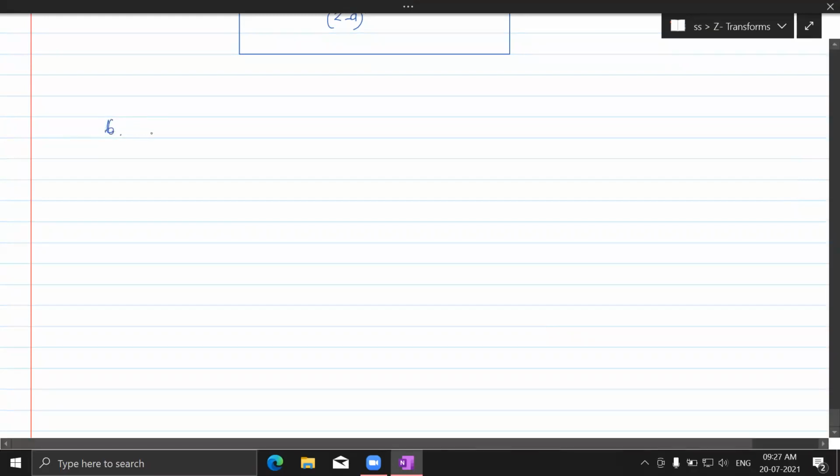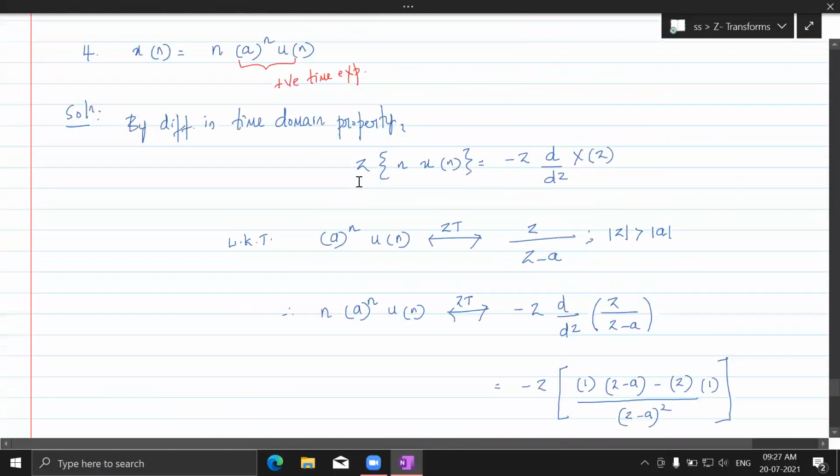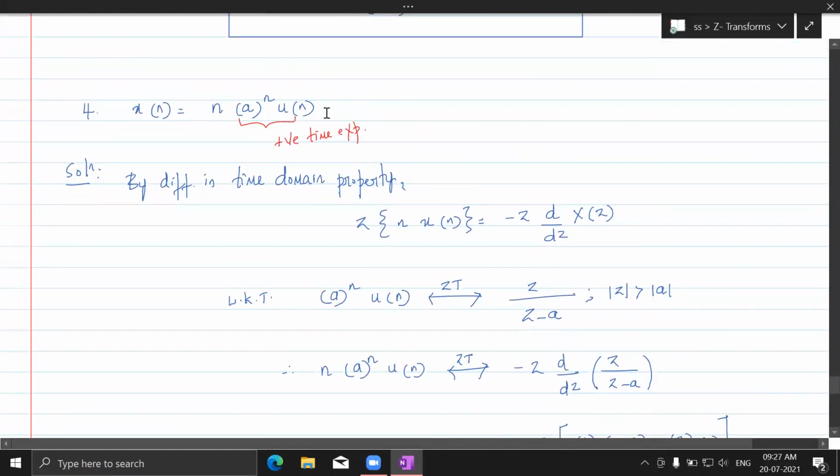The 6th problem that we are seeing is this: x of n is given to be n a power n u of minus n. In one of the problems that we have seen so far, this was given as n a power n u of n. So a power n u of n was the signal.